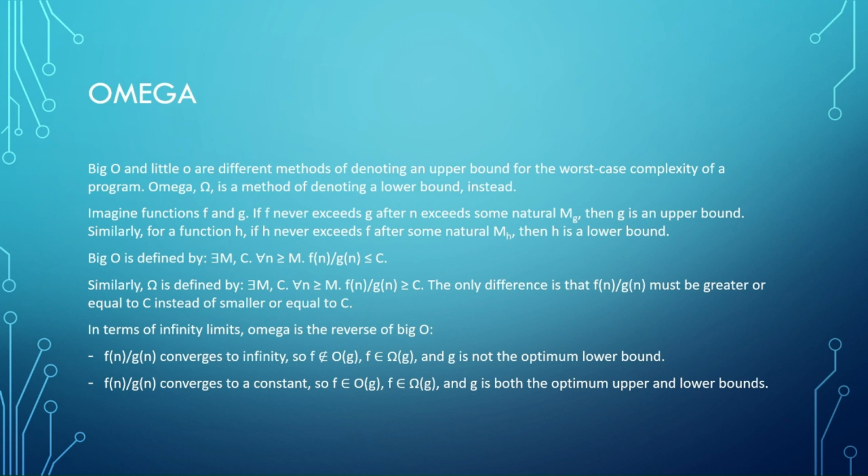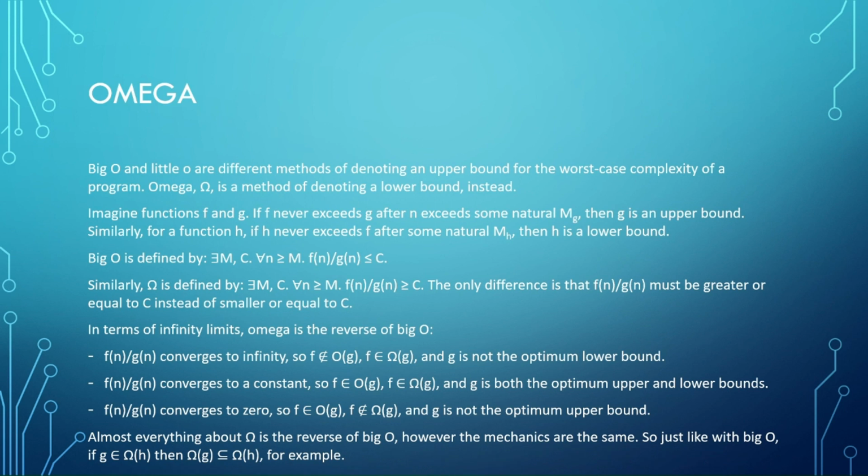So omega still has optimum bounds. And then, just like the reverse of big O would be, if it converges to 0, f is of big order g and f is not of omega g, and g is not the optimum upper bound. So as we can see, omega and big O are kind of flipped in these scenarios. They're almost mirrored in a way. That's a relatively good way of remembering it.